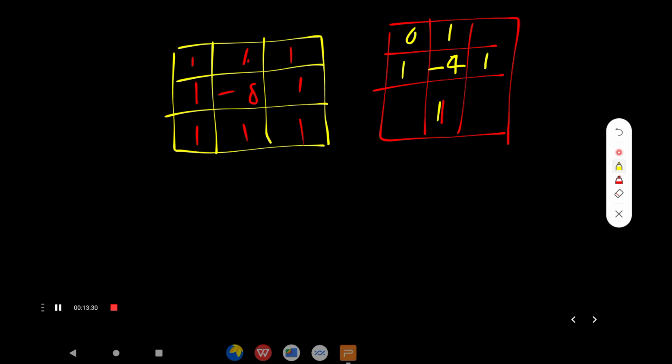So in this case the diagonal elements are 0. If you are taking the diagonal consideration, it is a Laplacian filter. Okay, this is the way you are going to find out the isolated points in the image.